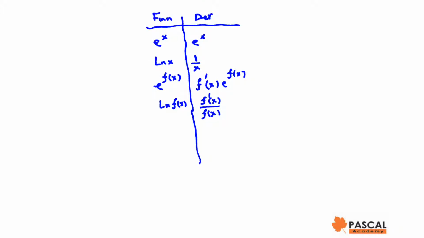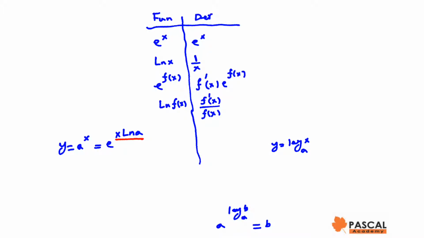Let's use the change of base formula and find the derivative of a^x and log base a of x. We know a^x is e^(x ln a). a to the power of log base a of b is b. Therefore, e^(ln a) to the power of x is a^x. The derivative of e^f(x) is f'(x) e^f(x). f(x) here is x ln a.